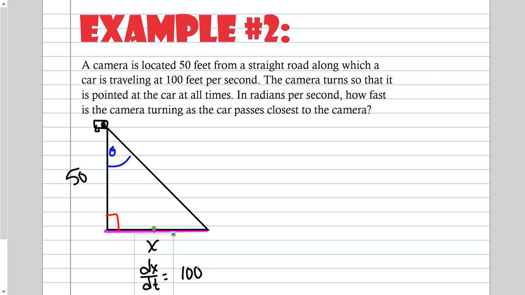Okay, so that last sentence tells you what direction the car is going in. Let me pick green. So, closest to the camera is here. This point is the closest, which means that the car is actually traveling in that direction. It's headed this way. So by heading towards the angle, making this side smaller, that means that my rate is actually negative.